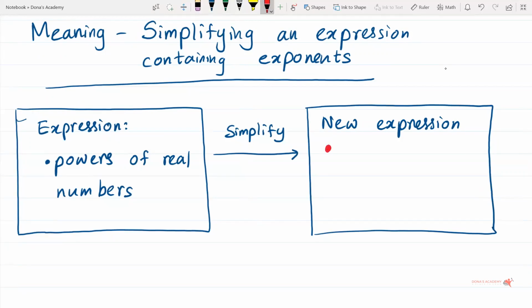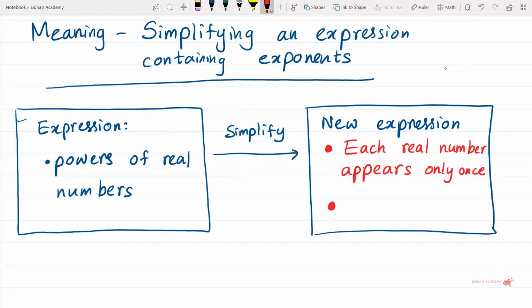The first one is each real number in that expression should appear only once, right? The second condition is all exponents, or the powers, should be positive.